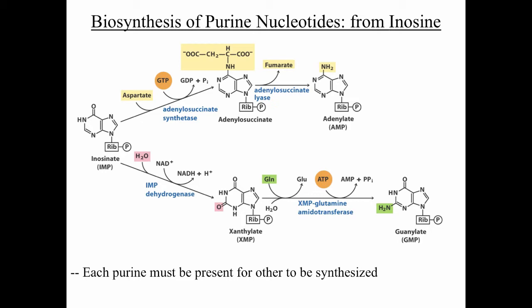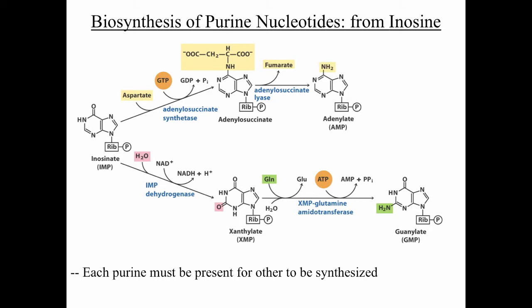To make AMP, it starts with IMP. Aspartate is essentially condensed onto IMP to make this molecule. And then fumarate is going to leave, leaving behind that amino group on the molecule to make AMP. For the synthesis of GMP, you take IMP.